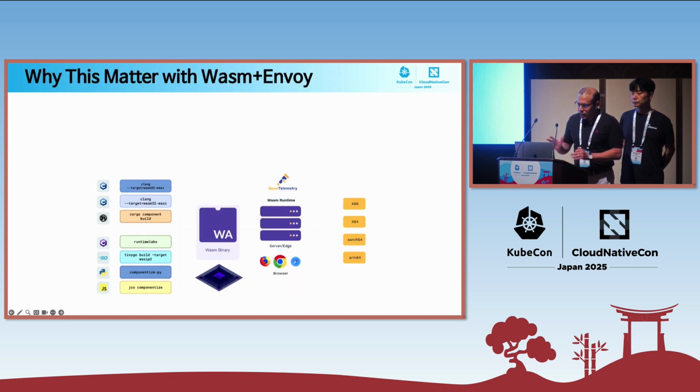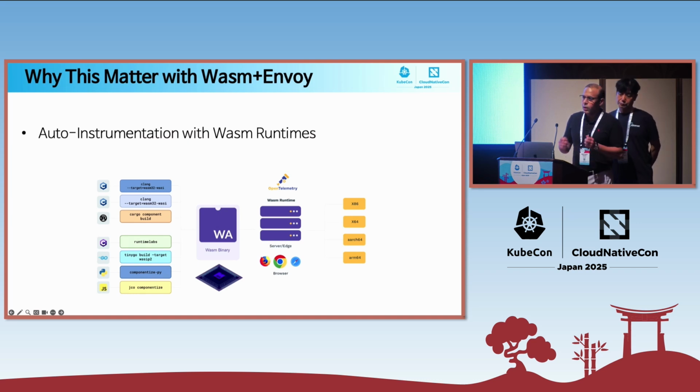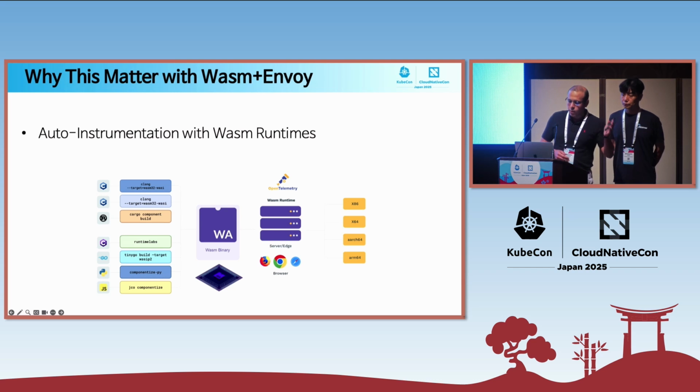All right, so we believe those are better together. Why is this relevant to Wasm and Envoy? The good news is, out of the box, you get auto-instrumentation with support for OTel with Wasm runtimes. I write my code, I compile it for Wasm, and I deploy it, I get auto-instrumentation.